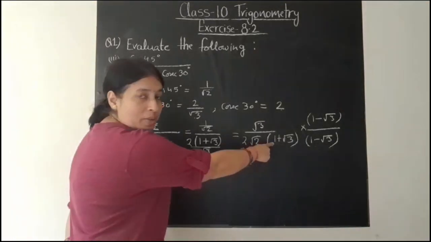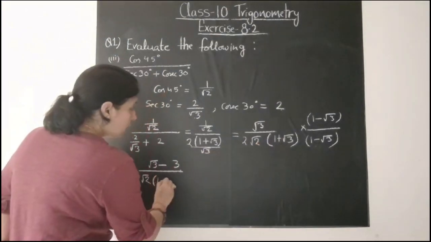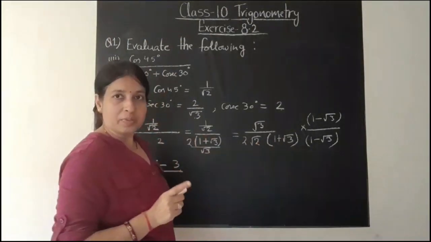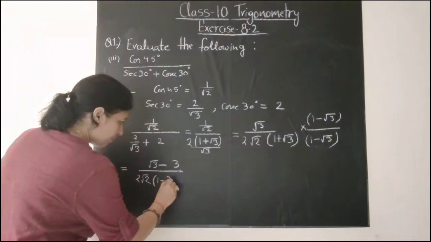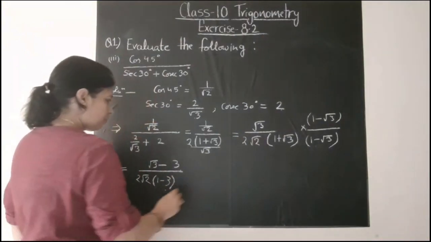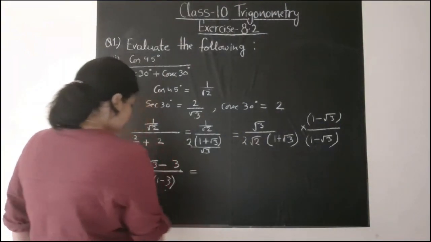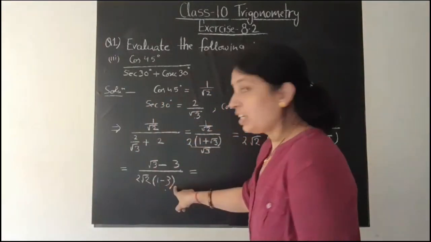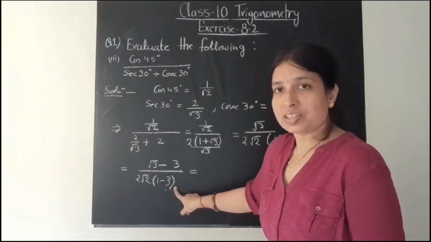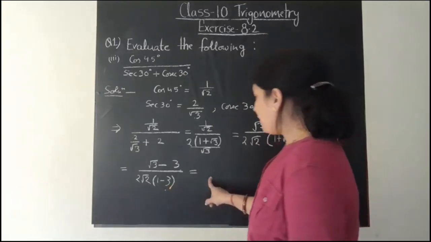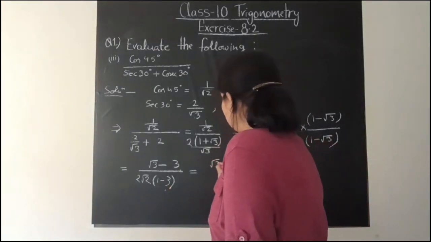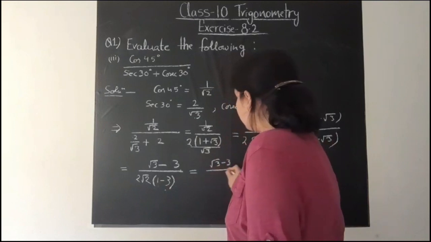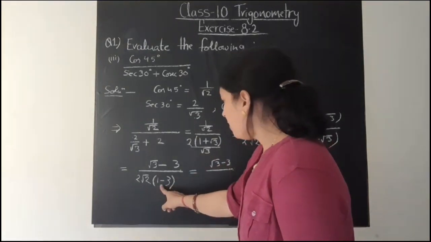So the square of 1 will be 1 and the square of root 3 will be 3. So it will be 1 minus 3 is equal to minus 2. So write here root 3 minus 3 divided by minus 2.